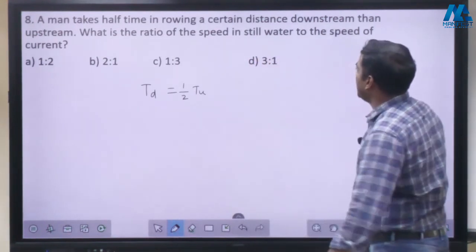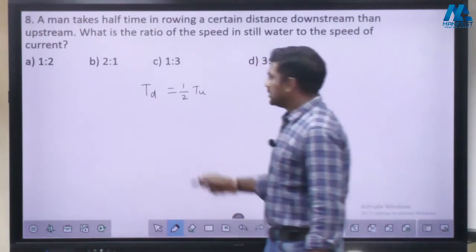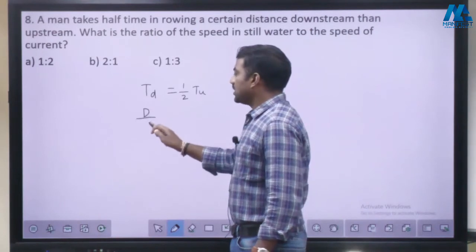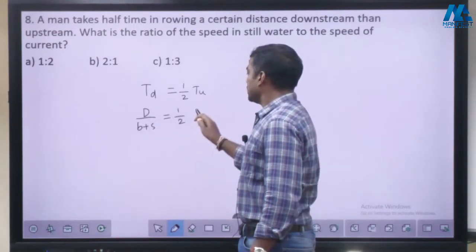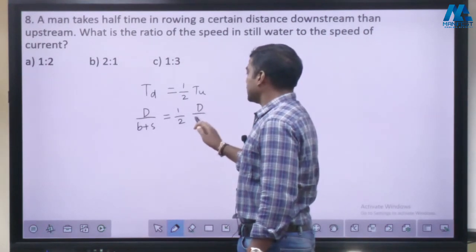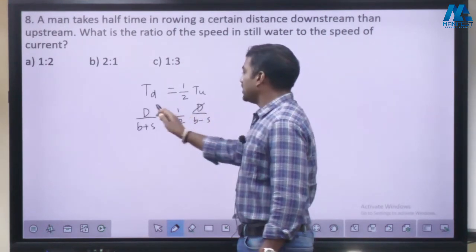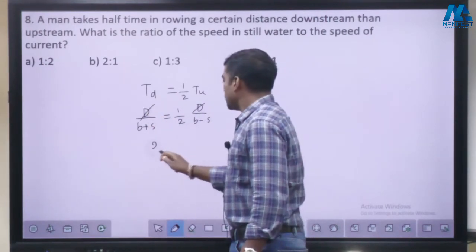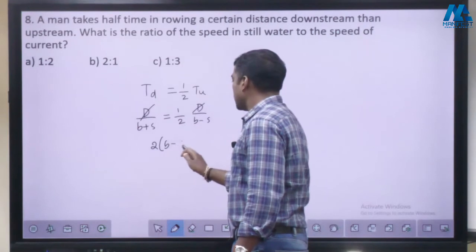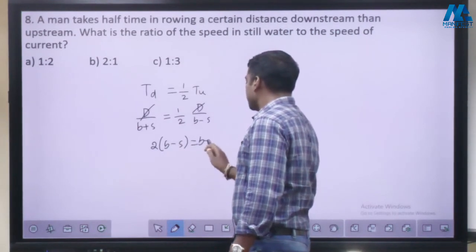What is the ratio of speed in still water and speed of the current? Simple, no? Same distance. Downstream it is B plus S and upstream it is B minus S. D cancelled. So 2 into (B minus S) is equal to B plus S.